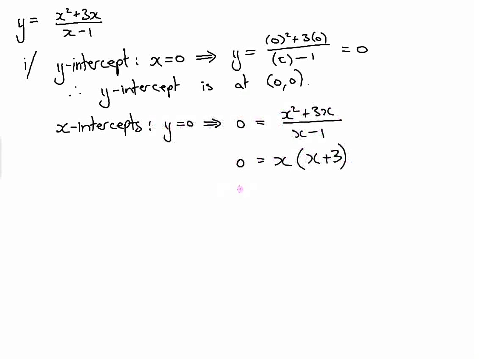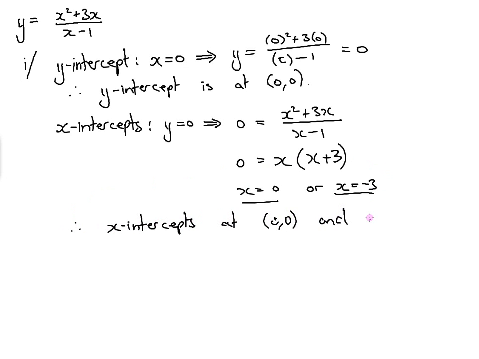So that means x equals 0, or x equals negative 3. So this one we know already. This is the new one. So we can say therefore x-intercepts at (0, 0) and (negative 3, 0). So that's the first part.